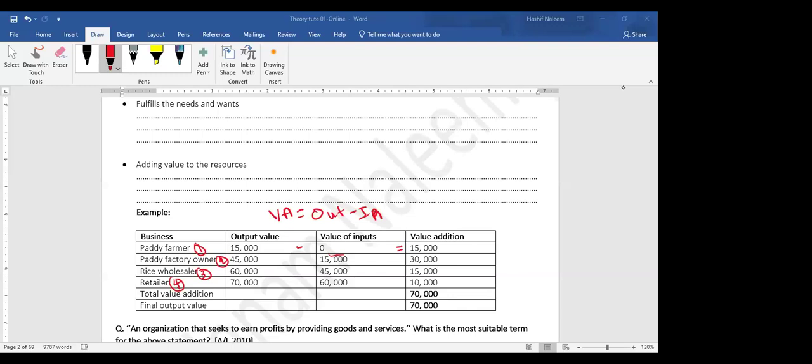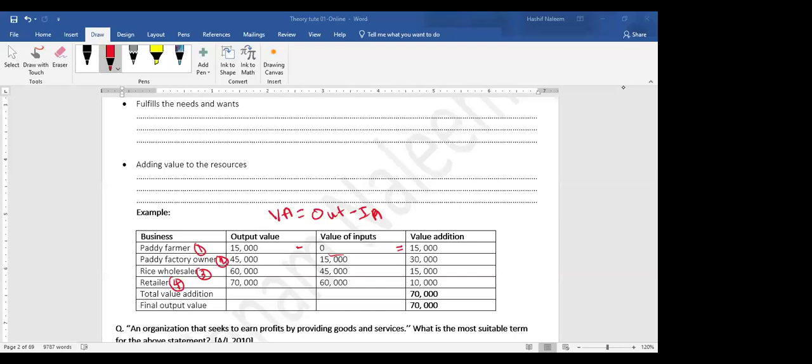So what's the value addition he's making here? 10,000. So value addition can be simple: your output value minus your input value. In other words, your selling price minus your cost. So that is the value addition. When you take any business, they will be doing this. For example, in a trading, buy-and-sell business, they purchase something, for example a soap for 100 rupees, and they will be selling that soap for 120 rupees.